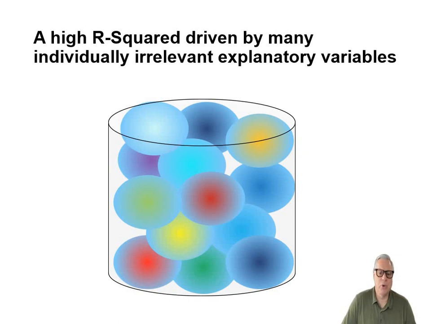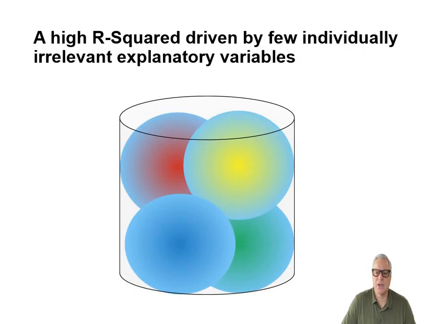If you compare this bucket filled with a bunch of small pebbles to something like this, you immediately see the difference: here we fill up the bucket with a couple of explanatory variables, which are all very meaningful by themselves. Meaningful by themselves means that if we take out one explanatory variable from that bucket, the bucket becomes substantially less filled.